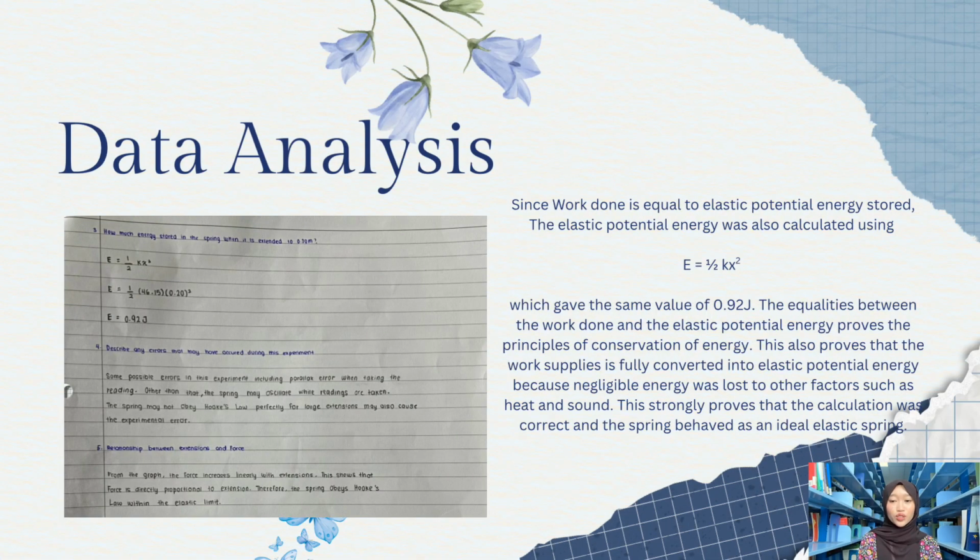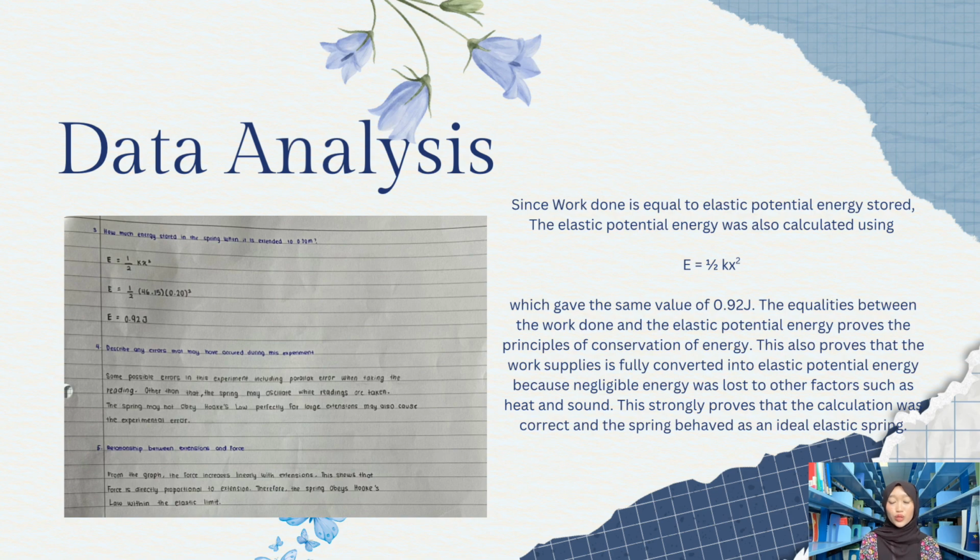Since work done is equal to elastic potential energy stored, the elastic potential energy was also calculated using elastic potential energy equal to 1 over 2 kx squared, which gave the same value of 0.92 joule.